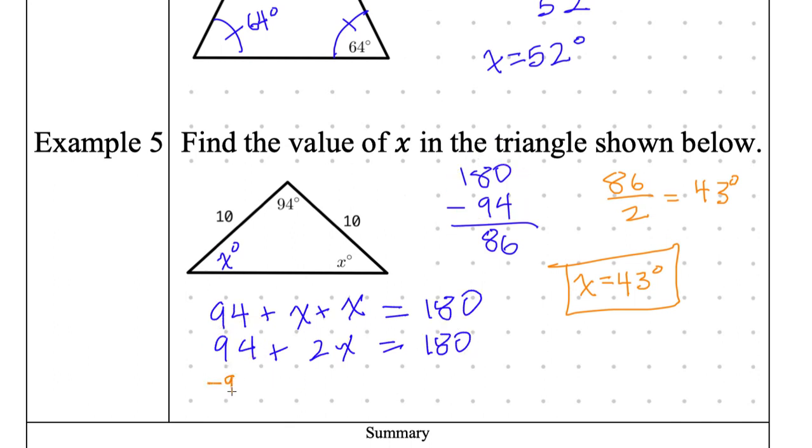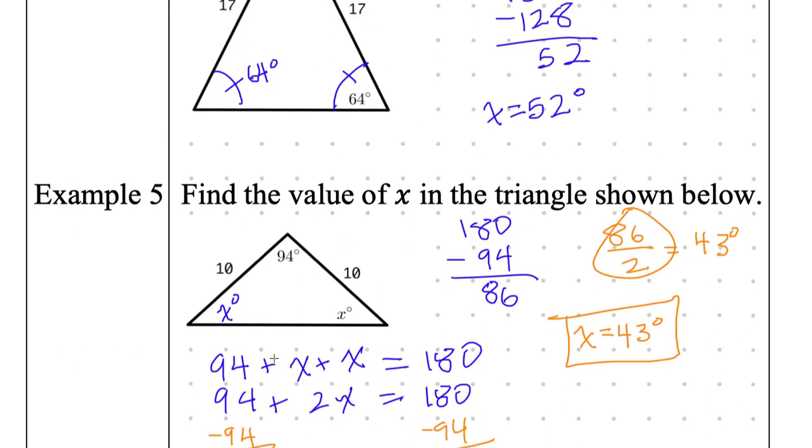If I subtract 94 from both sides, I'm left with 2x is equal to 86. Andres' question is pretty straightforward: why do I divide by 2? It's because I have 2x is equal to 86, and therefore x is equal to 43. So you can set it up as an equation, which is very straightforward, or you can just use logic like Gunnar did.